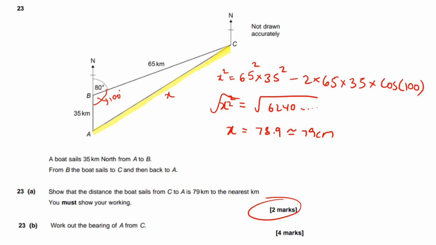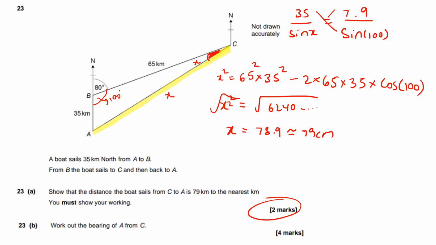What I mean by that is I can find out this angle here by using the sine rule. If I call this x, so I can say 35 out of sin x is equal to 78.9 out of sin 100.